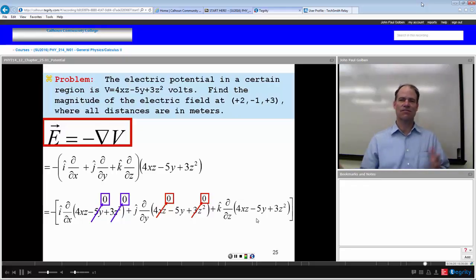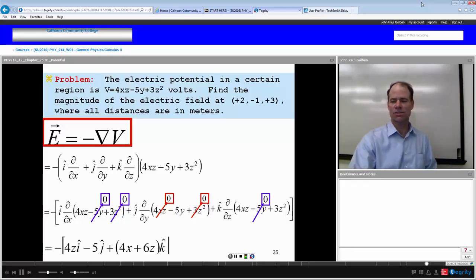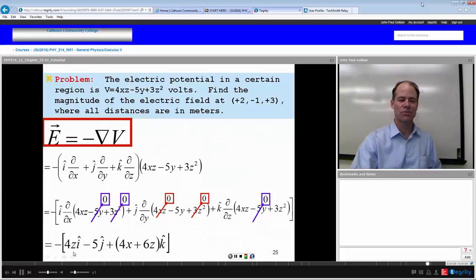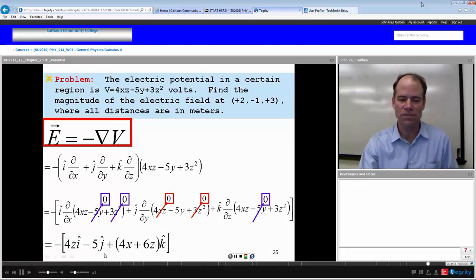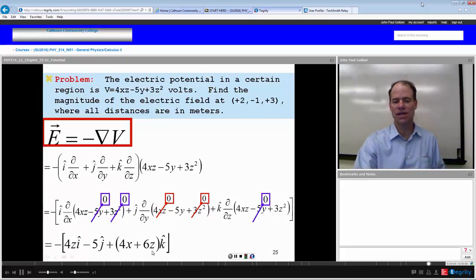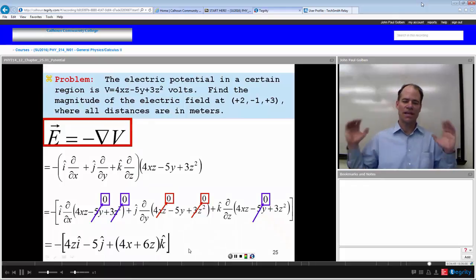Anything that doesn't have a z, treat it like a constant for the partial derivative. So negative 5y will be 0, 4xz will be 4x, and 3z squared will be 6z. So we end up with this, negative 4z i minus 5 j plus 4x plus 6z k. That's my E field for all x, y, and z with this potential.